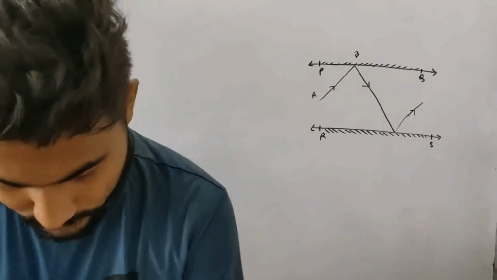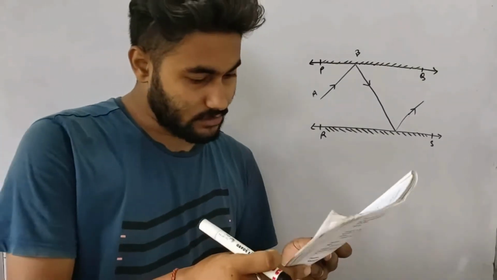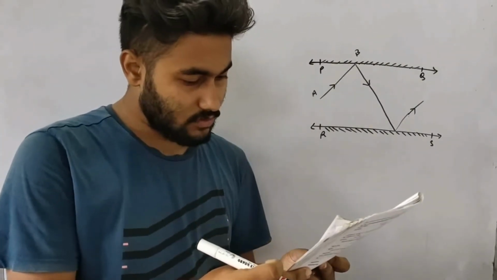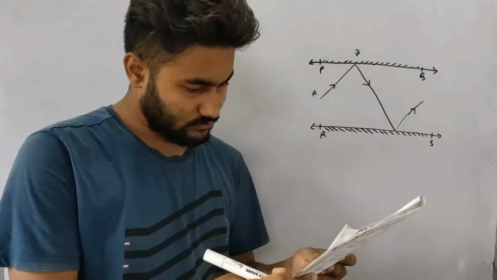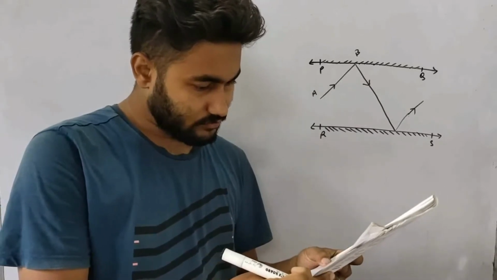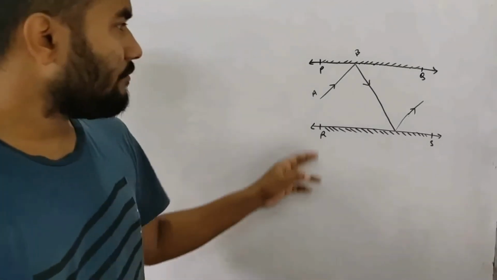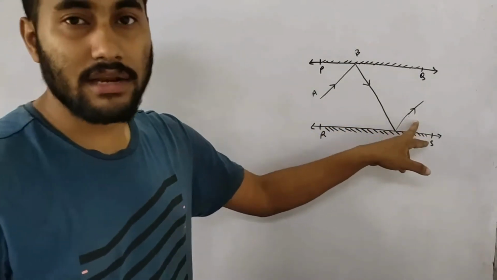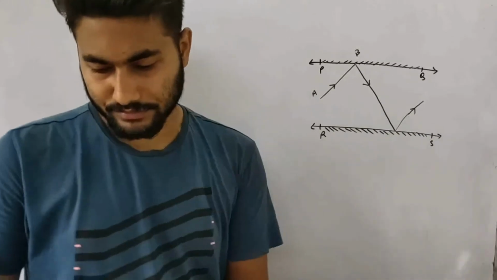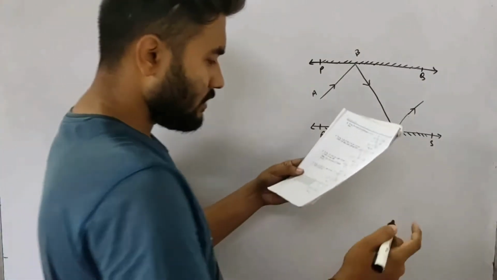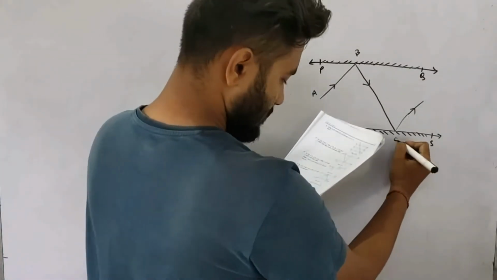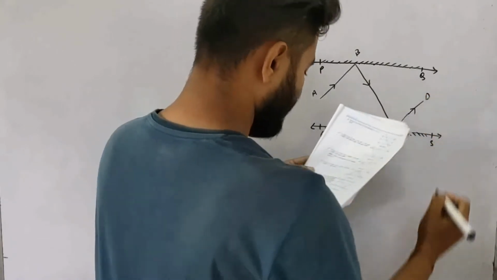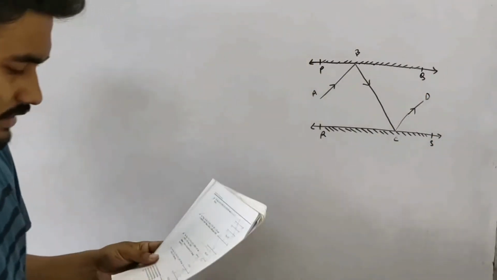It is not given in this question, that the reflected ray moves along the path BC and strikes the mirror at C, but this is the incident ray, this is the reflected ray, and this is known as the emergent ray. You will get that in the physics part. This is B, over here C, and over here B. So this is the diagram.